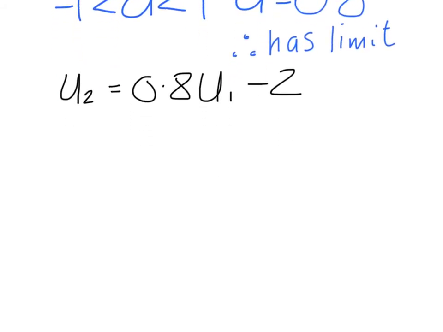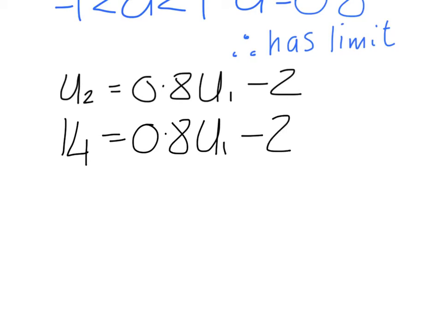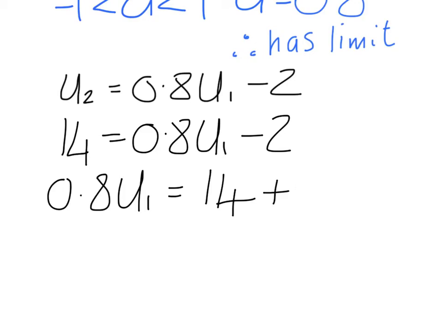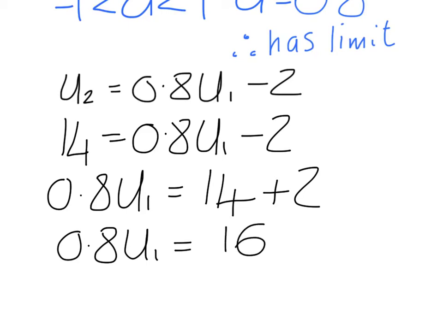u2 is 14, so that means 14 equals 0.8 multiplied by u1 minus 2. So rearranging, we get 0.8 u1 equals 14 plus 2. So 0.8 u1 equals 16, which means that u1 is equal to 16 divided by 0.8.